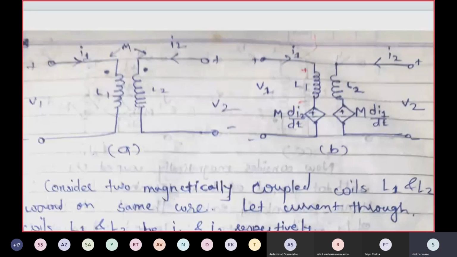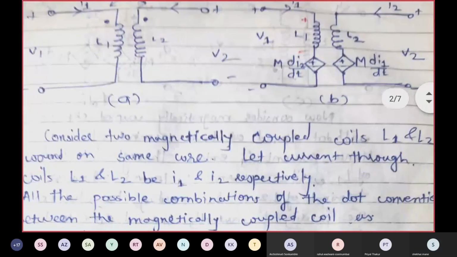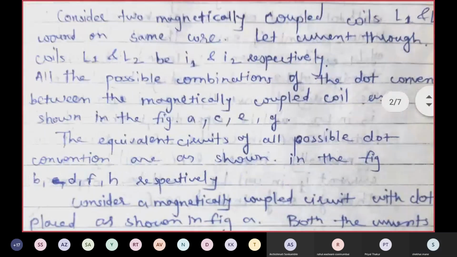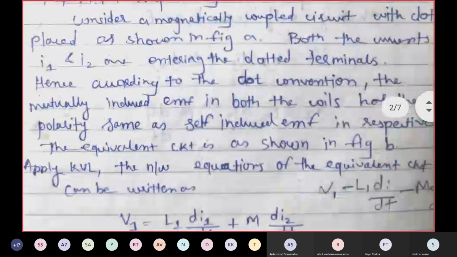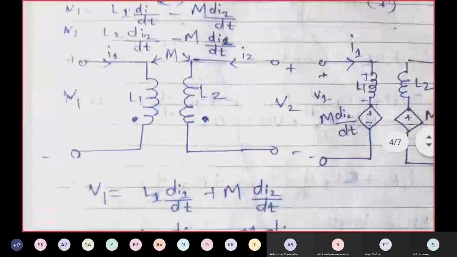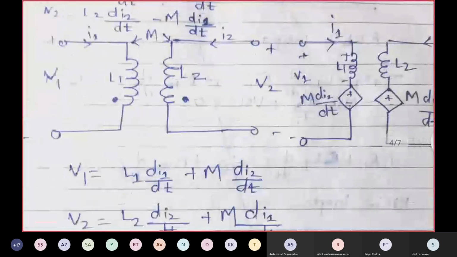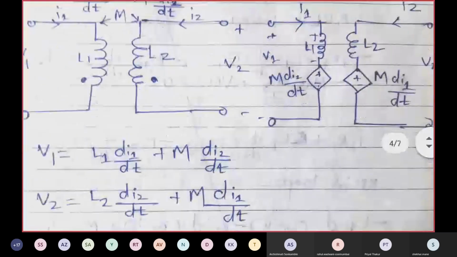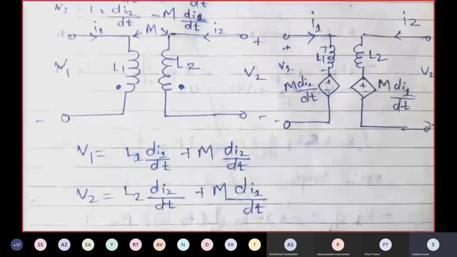Now, if both the dots are at the downside, you can see this diagram.